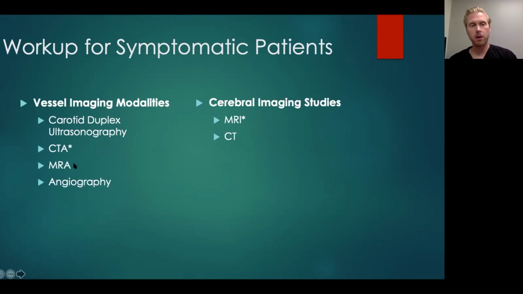CTA and particularly MRA have some advanced capabilities that are becoming closer and closer to being standard in many centers, that may help us understand inflammation in the carotid cores and clot in the center of the plaque, et cetera, without angiography. But right now, angiography is still for sure the gold standard for degree of stenosis.